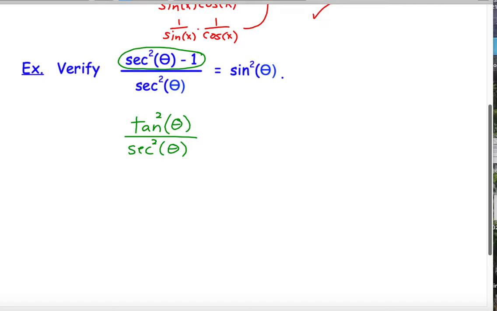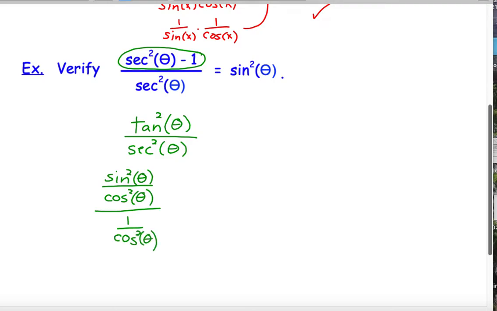Now, if I want, I can split that up, and I can think of it as tangent squared over 1, or sine squared over cosine squared. And then the secant squared is 1 over the cosine squared.